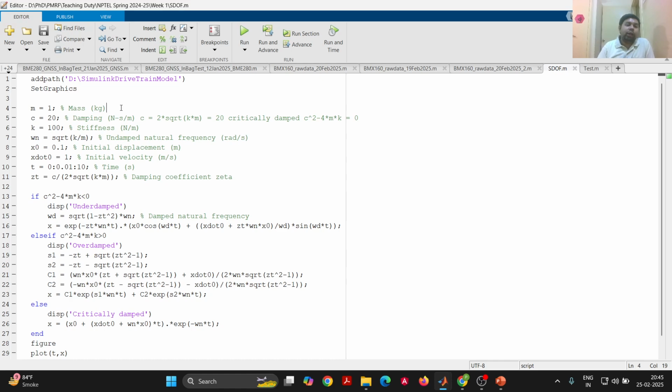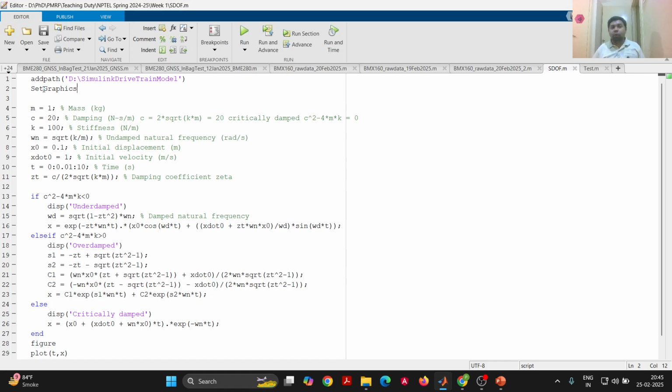starting from line 4, as I said, the first line is basically adding a particular folder to the MATLAB path. By using the addpath function, I have a file called set graphics, which sets the desired properties, let us say the line width and the font for the figures that we generate.